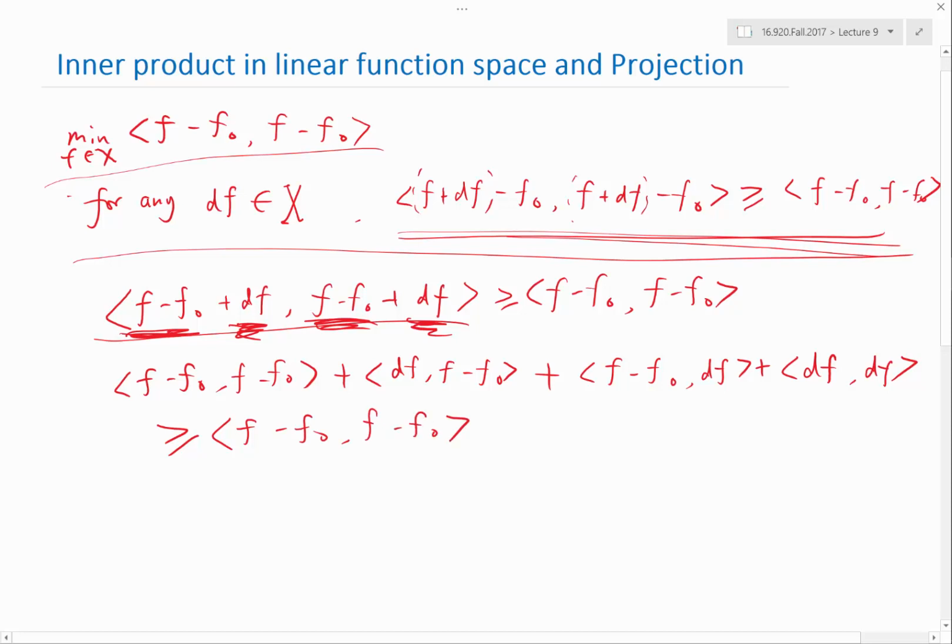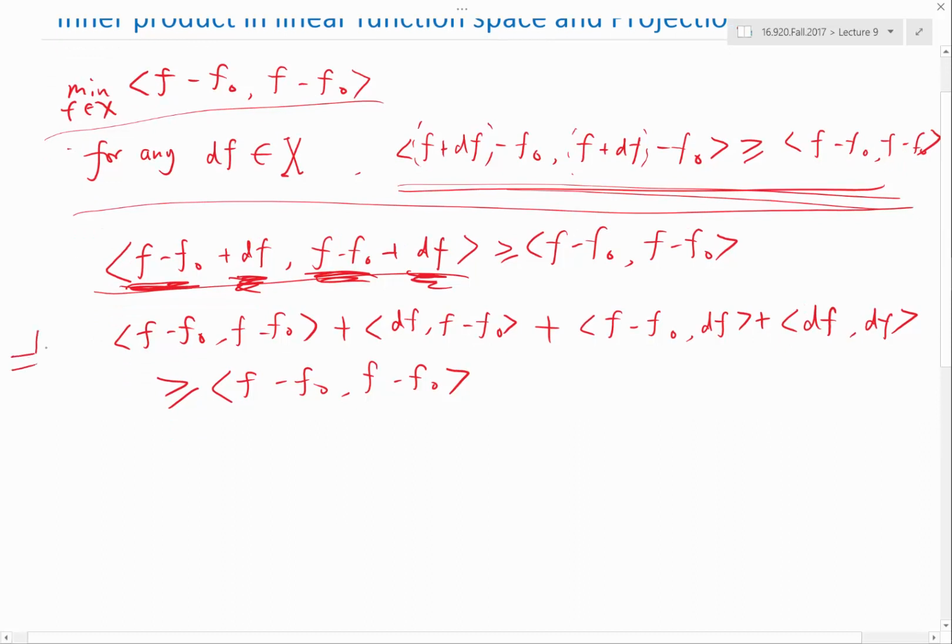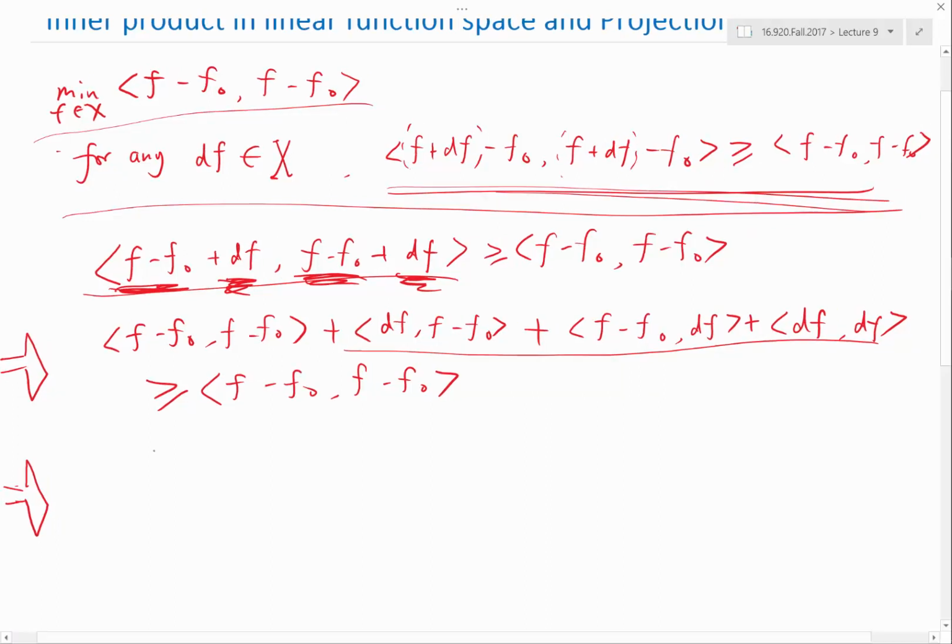All right, and that means these three terms have to be greater than or equal to 0 for any df. And by the way, this term and this term are equal. So I have 2 times df, f minus f0 plus df, df has to be greater than or equal to 0 for any df.